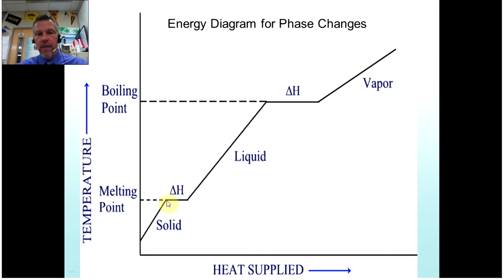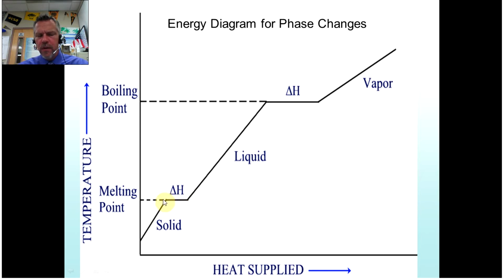For water, the melting point is 0. So when enough heat has been supplied to get the ice cube up to 0 degrees, then something different happens. The ice cube melts. Now, we have a delta H, or an amount of energy associated with that melting.